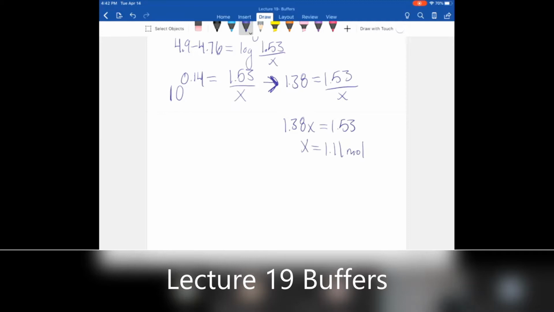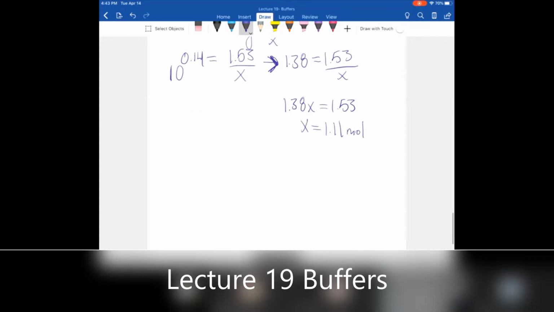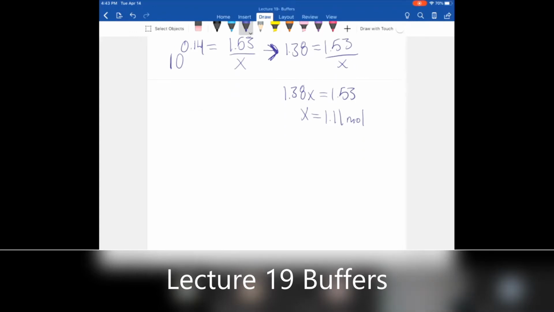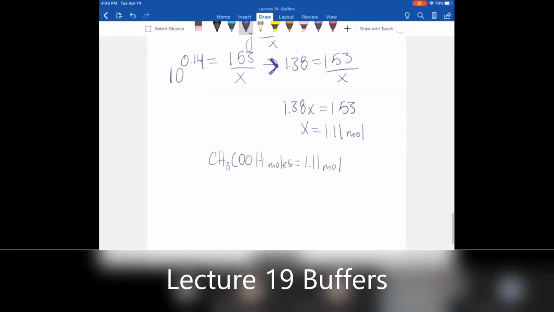And that's what they asked for. So that's what they asked for. So this would just be your, no, not concentration, your CH3COOH moles is 1.11 mole. So that's it for this worksheet.